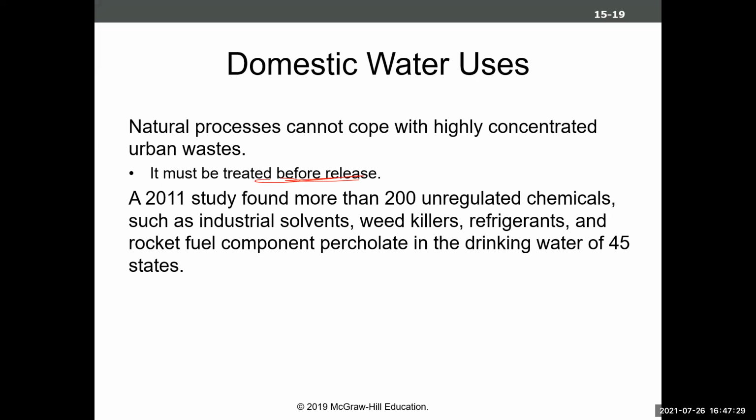But the problem is that's really not done correctly and appropriately. In 2011, there was a study that looked at chemicals found in the drinking water of 45 states, and they found all of these chemicals: industrial solvents, weed killers, refrigerants, rocket fuel components, perchlorate. There's just nasty stuff, unfortunately, in our water sources that just shouldn't be there.